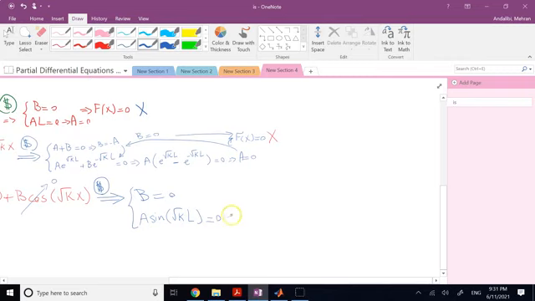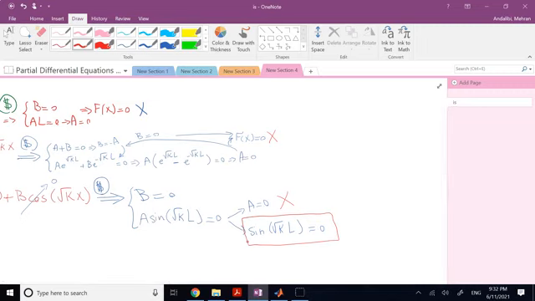And here there are two possibilities. Either a is 0 or that sine of that thing is 0. Clearly a cannot be 0 because if a is 0, b is already 0, f is going to be 0, and that's not what you want. So this is not going to go anywhere. So now if you can satisfy this equation, sine of square root K times L is 0, then you might be able to have a solution.